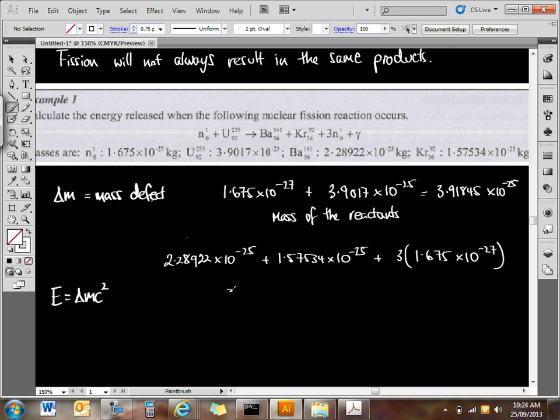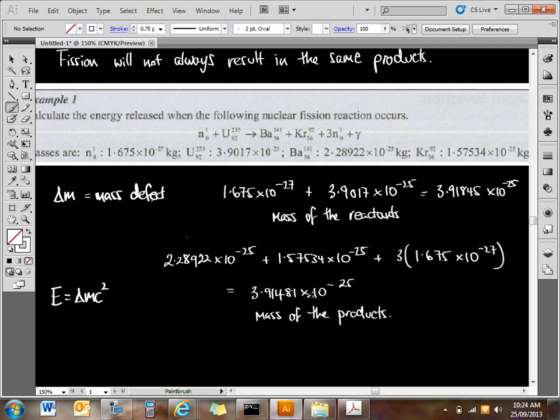And we get a value of 3.91481 by 10 to the minus 25 kilograms. Yes, that confirms that you have punched that into your calculator yourself. That's the mass of the products.